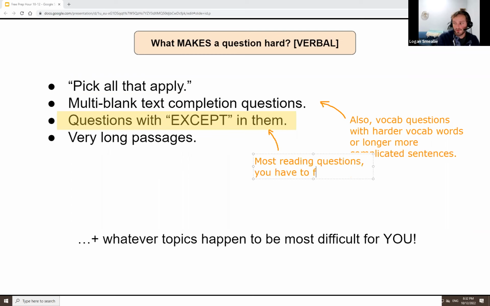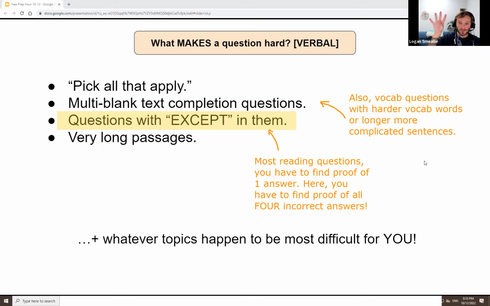So this is actually possibly the most time-consuming type, because there's usually 5 options on reading comprehension, and in this type of question, your job is to find 4 of them that are proven, which means you have literally 4 times as many pieces of information to find in the passage. And so at first glance, these aren't always the hardest questions, but they are very time consuming.